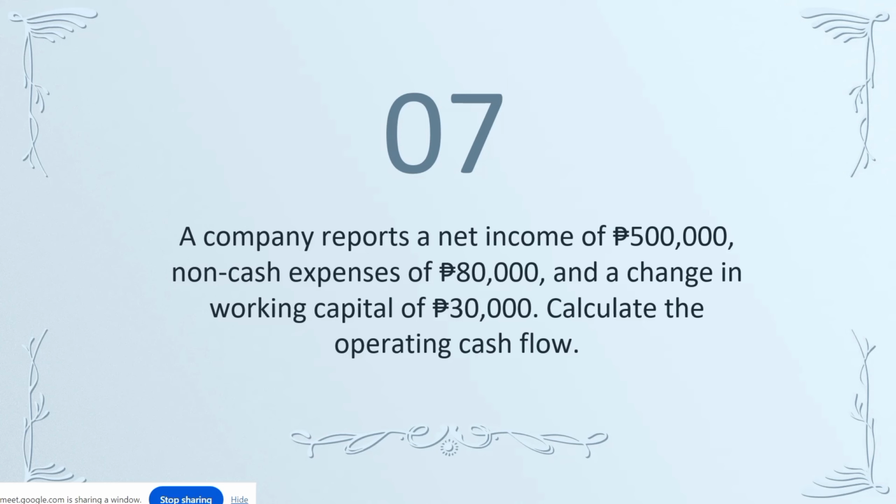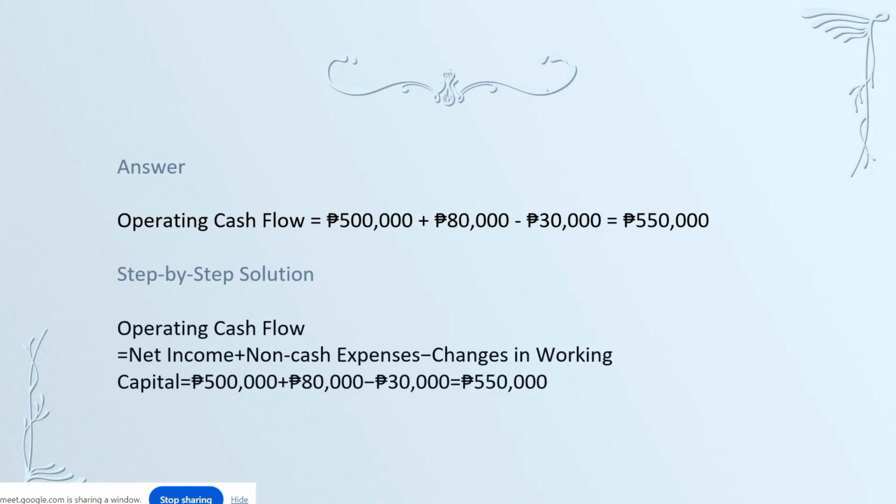Here, a company reports a net income of 500,000, non-cash expenses of 80,000, and a change in working capital of 30,000. Calculate the operating cash flow. The step-by-step solution is operating cash flow equals net income, which is 500,000, plus non-cash expenses 80,000, minus changes in working capital 30,000, equals 550,000.